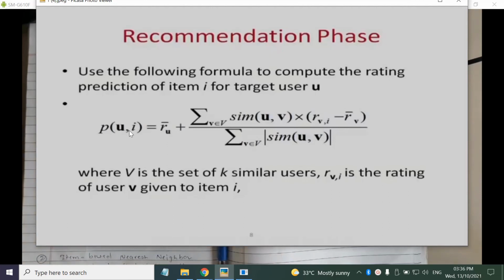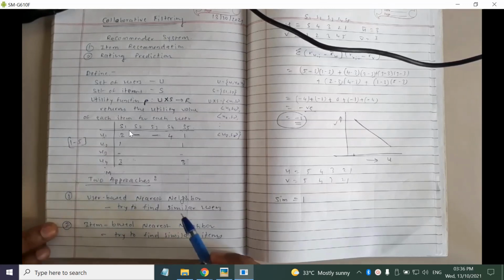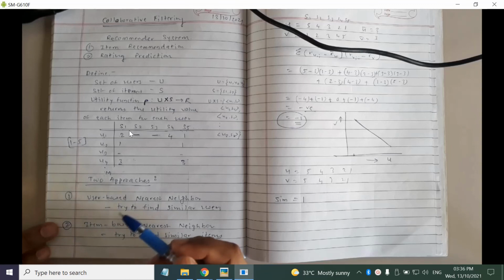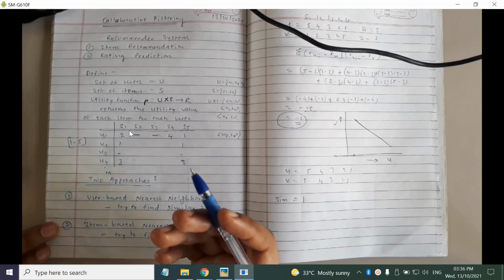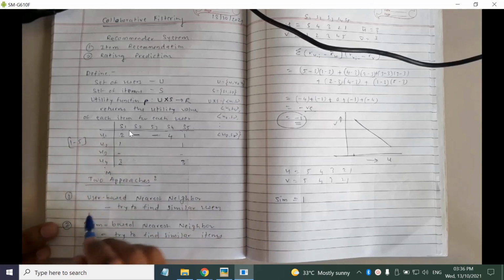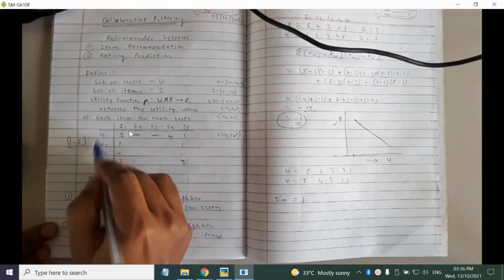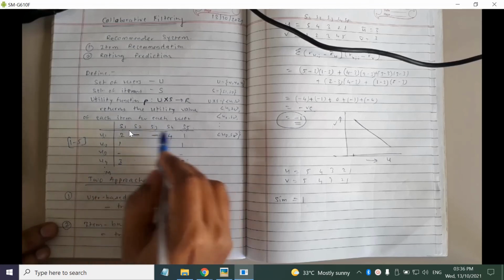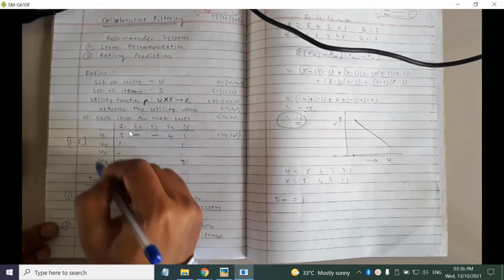Now, when to go for item-based and when to go for user-based? We know that k nearest neighbor is lazy learning, right? Everything happens during the testing phase. We go with user-based nearest neighbor when the number of users is less compared to items, so there will be less matching.